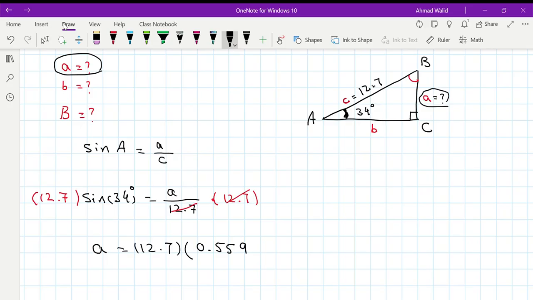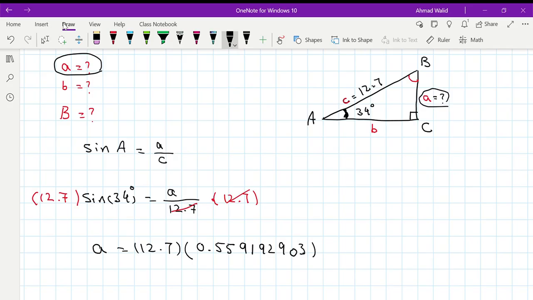I'll go up to 3 decimal places, but even you can round off here, you can keep it as 0.56. But in these problems, the best way to be more accurate is to not round off anything. Keep it this way. I'll just round off in the last step.